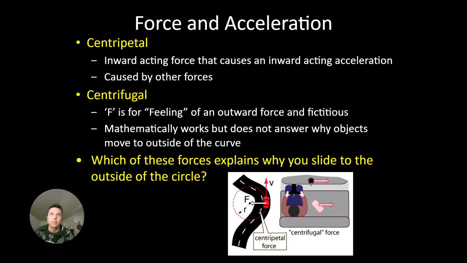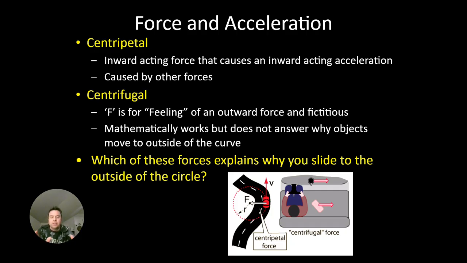Centrifugal though is probably the word you've heard. If you're reading a book and it talks about a rotating object, there'll be the centrifugal force. It is the feeling of an outward force, and it is fictitious.